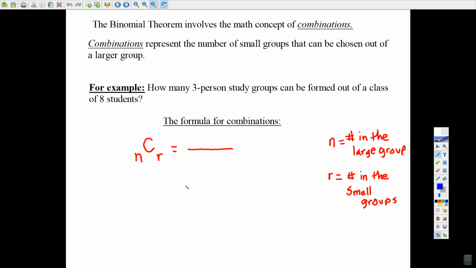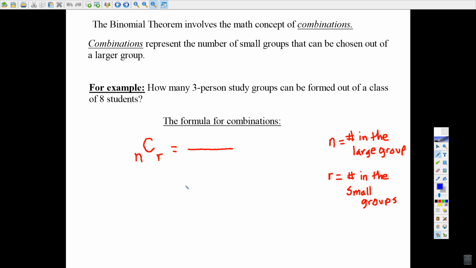And I gave you a real simple example of a classic math combination problem. Here it is. If I have a classroom full of 8 students, how many different 3-student study groups can I make out of those 8? And that's what combinations are all about. They help us answer questions like this.